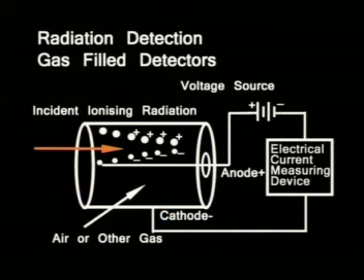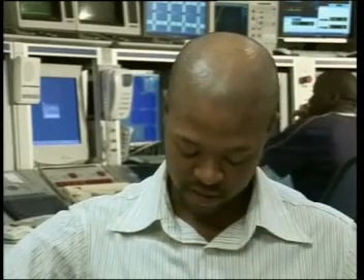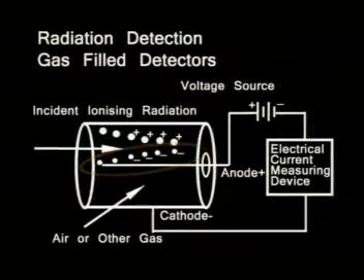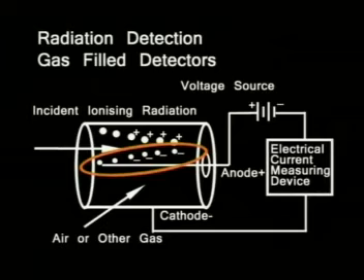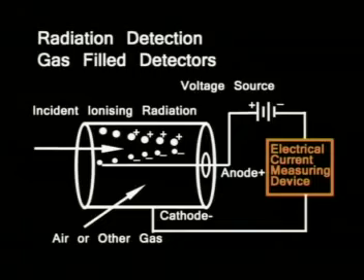When an incident ionizing radiation enters the tube, it causes the electrons of the atoms in a gas to ionize. It removes the electrons. And these electrons, when you apply the voltage, an electric field is created and they are collected onto the anode, and you can get a signal which can be read out in your circuit.